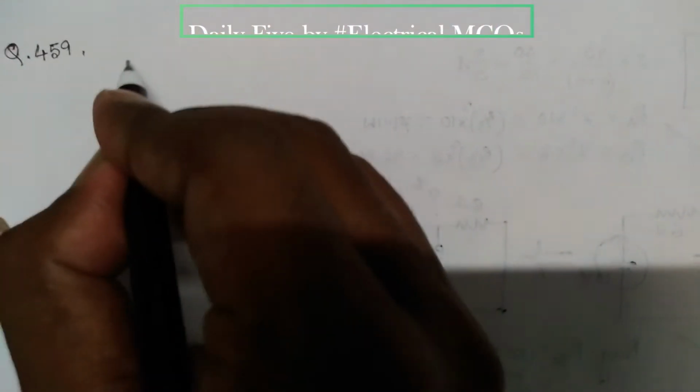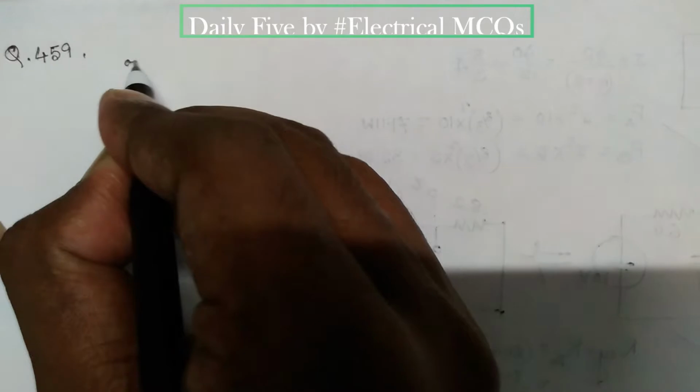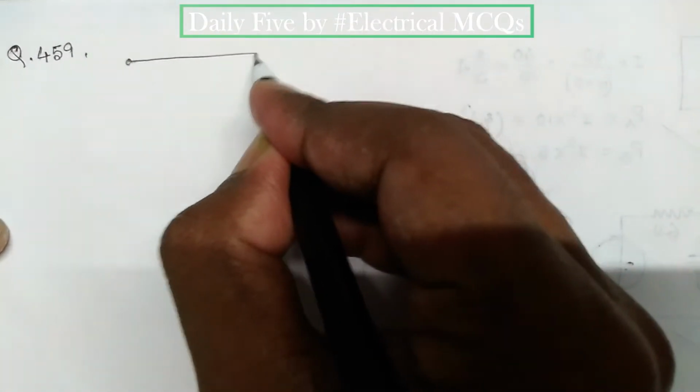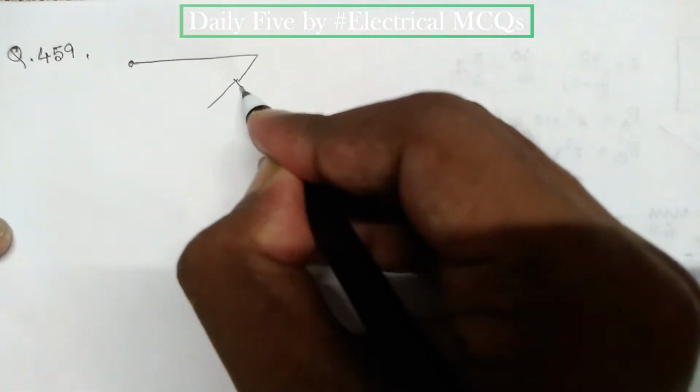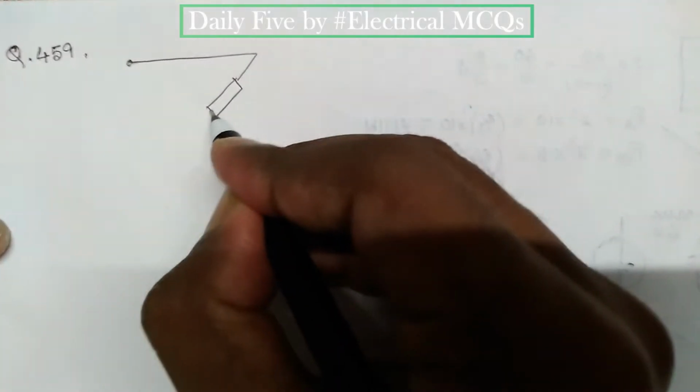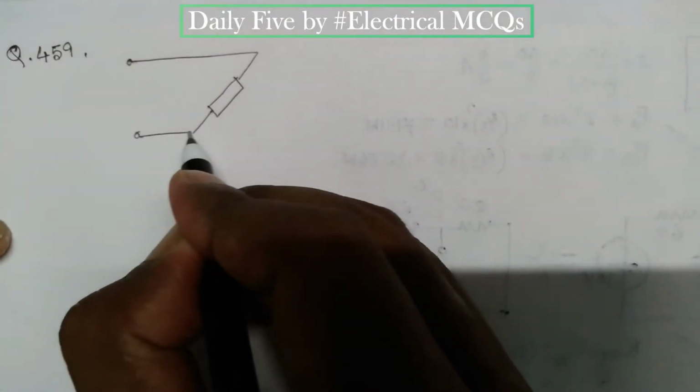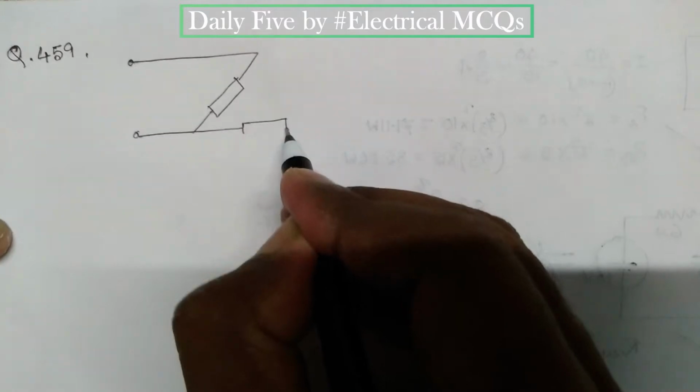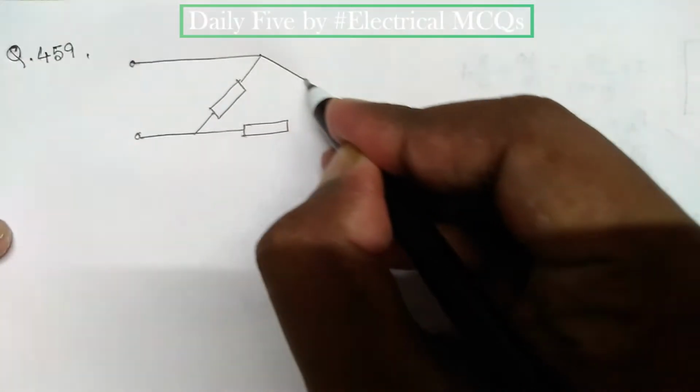In this question, a balanced three-phase supply is given to a balanced load, as the load is connected in delta.